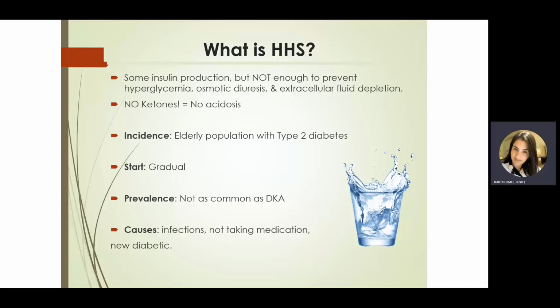So why is it more often in type 2 diabetics? Because the body is still producing insulin, but it's just not enough because of the issue that they're going through, which most of the time is caused by infections, not taking their medication, or being a newly diagnosed diabetic. And so all this glucose, which sometimes is above 600, the body's going to start diluting it and flushing it out.